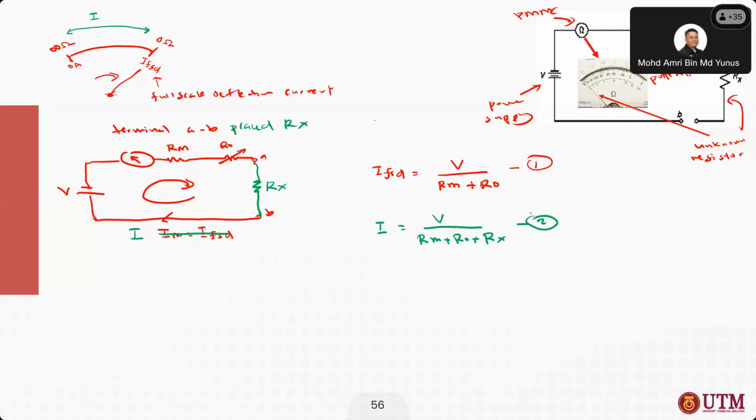So this is our useful equation number two, and we divide 2 by 1.